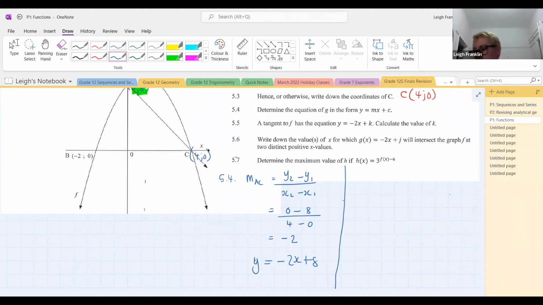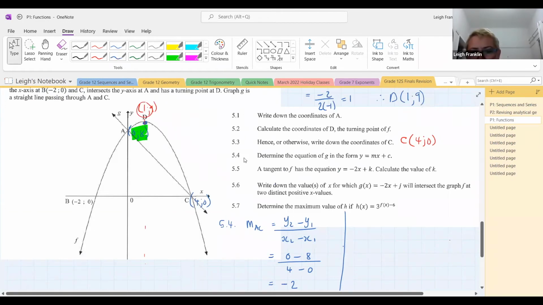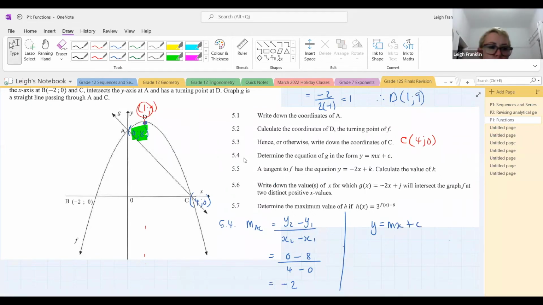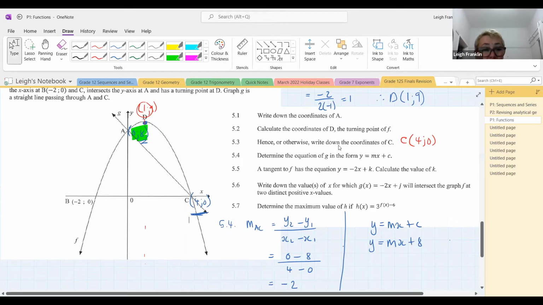As an alternative here, the other thing that you could do is this. You can sub in your y-intercept first. So in other words, sub into y equals mx plus c your y-intercept. So you know that c is equal to 8. Then you can sub in your other point, so the 4 and the 0, and you can actually solve for m.